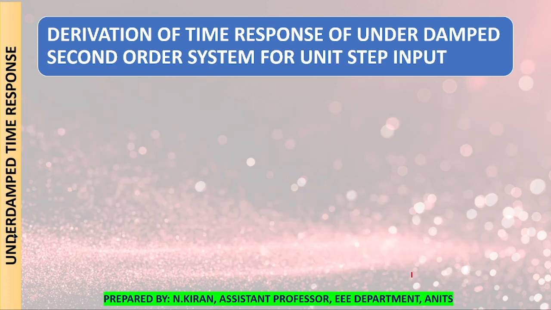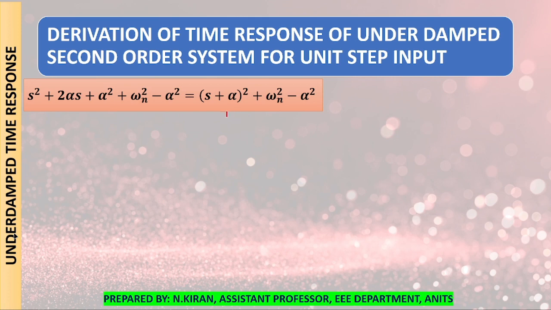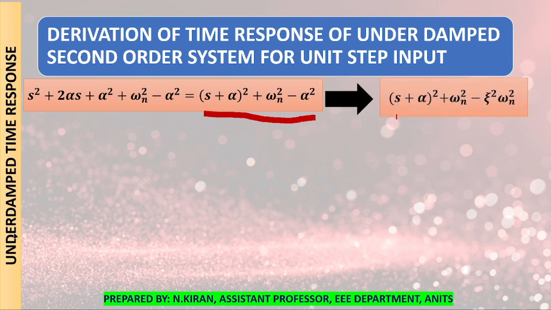So the denominator polynomial becomes s plus alpha whole square plus omega n square minus alpha square. But alpha is nothing but zeta omega n, so that will give me s plus alpha whole square plus omega n square minus zeta square omega n square. If I take omega n square common from the second and third terms, that will give me s plus alpha whole square plus omega n square into 1 minus zeta square.